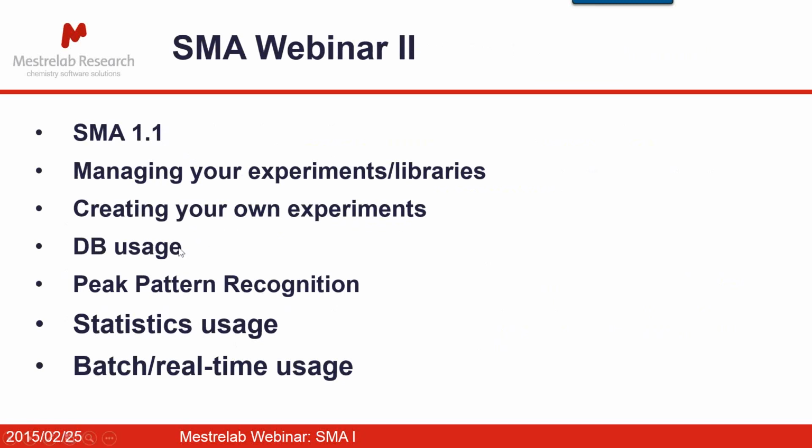Database usage, so you can have your particular constituents inside an Mnova database, and you can import those very readily and easily into a particular experiment. I'll show you that. I'll describe the peak pattern recognition algorithm to you and how that works. I'll show you how you can use stats inside your analysis, and I may show you some stuff on batch and real-time usage. As I say, it's a pretty boring demo, but it does work.